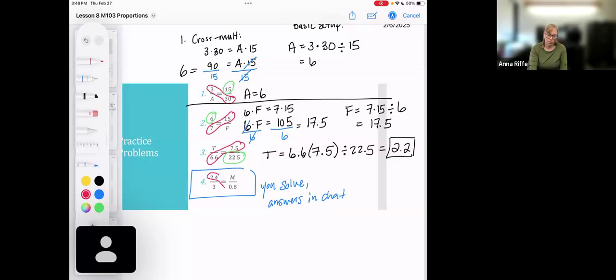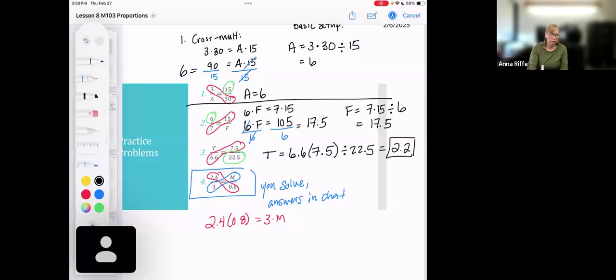So maybe I'll do this one using cross multiplication. I'm going to multiply the diagonals. 2.4 times 0.8 is equal to 3 times m.